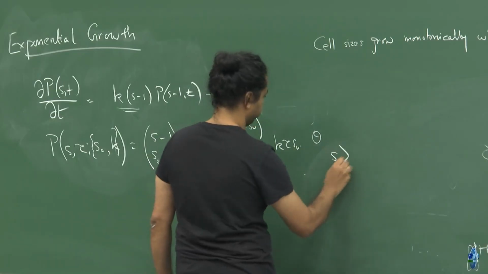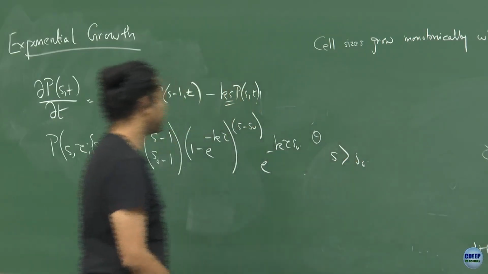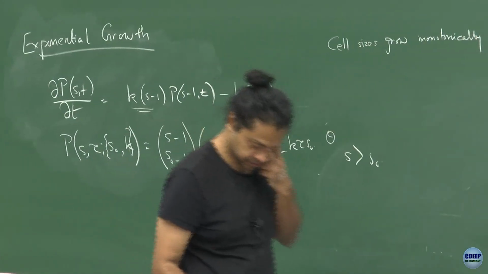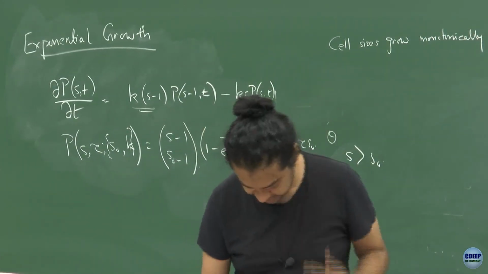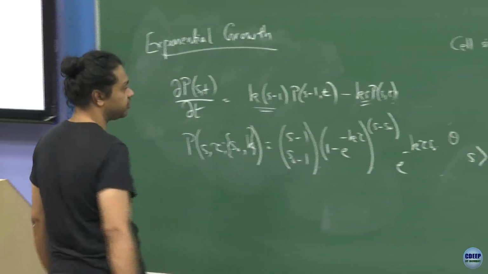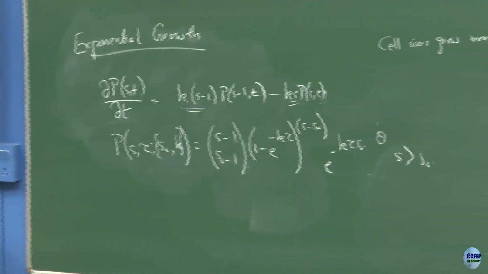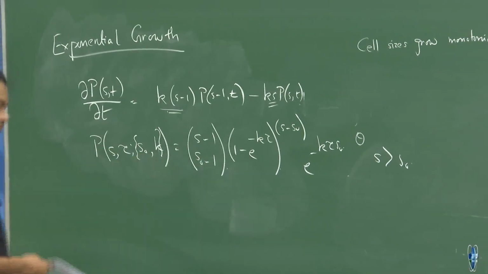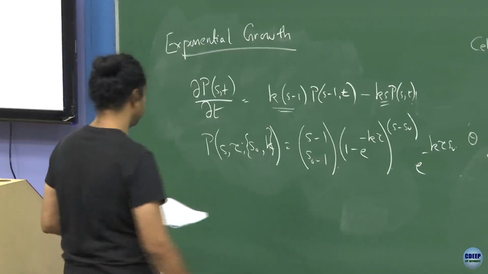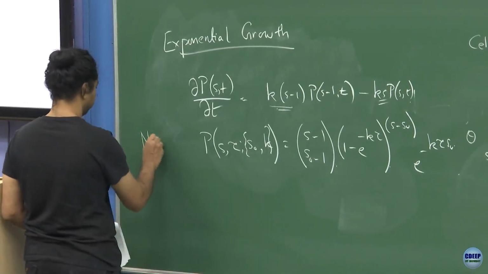So writing down the master equation is of course easy; solving it is not trivial, so I am not working out this solution. This is exactly the quiz solution that we had done. You will get a probability distribution like this, the negative binomial distribution.